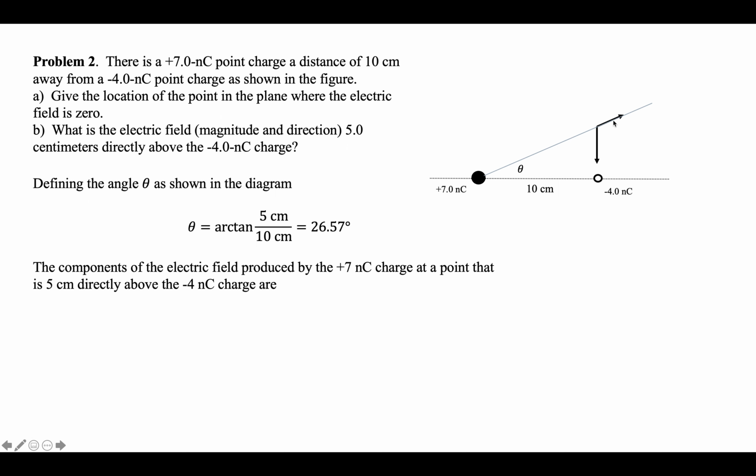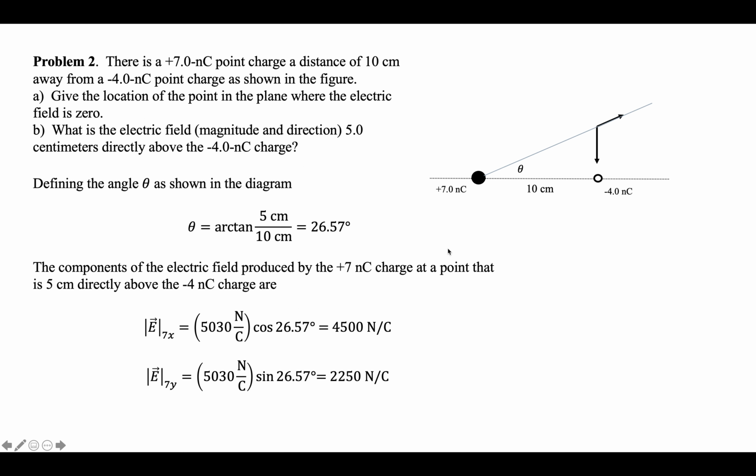So now we can get the components. The x component is 5030 times cosine 26.57, which is 4,500. The y component is 5030 sine 26.57, which is 2250 newtons per coulomb, directly up.